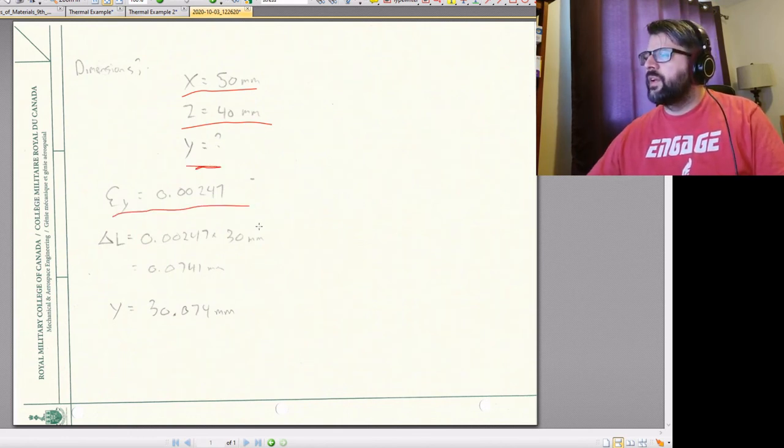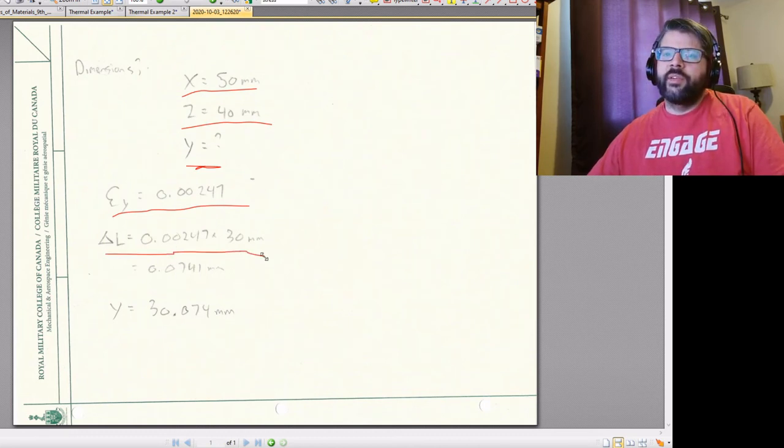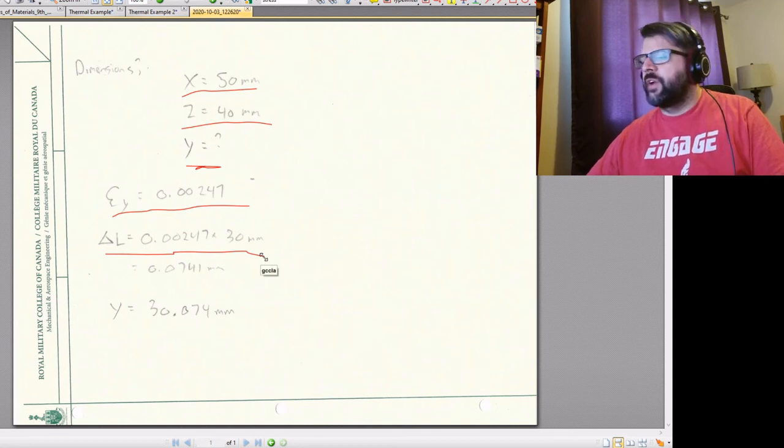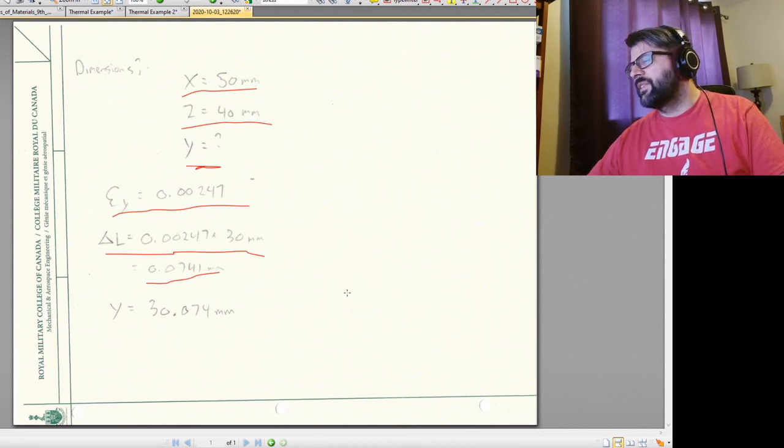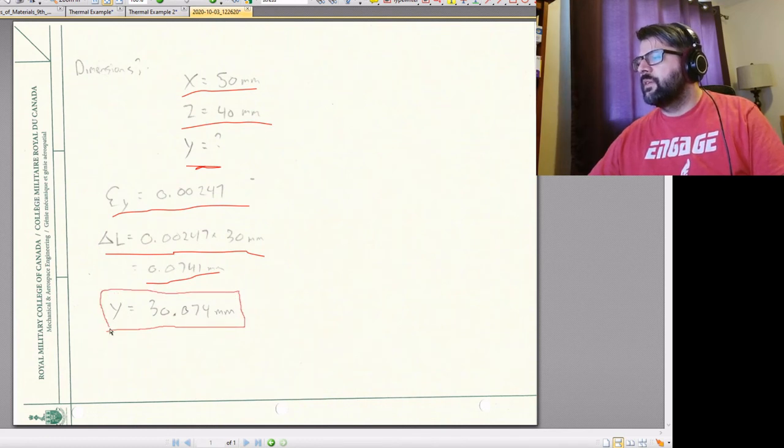We know what the strain is, which we can use to calculate our delta L. So the delta L is just going to be our strain times the original length, which gives us 0.0741 millimeters, which means that our ultimate size of the block is going to be 30.074 millimeters.